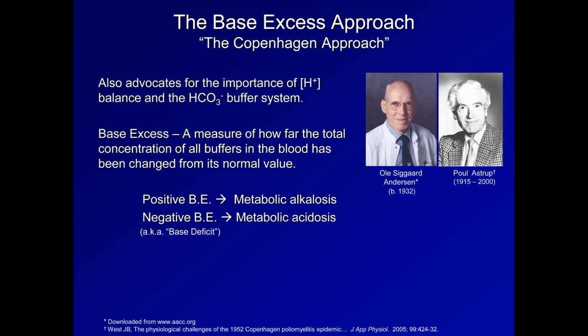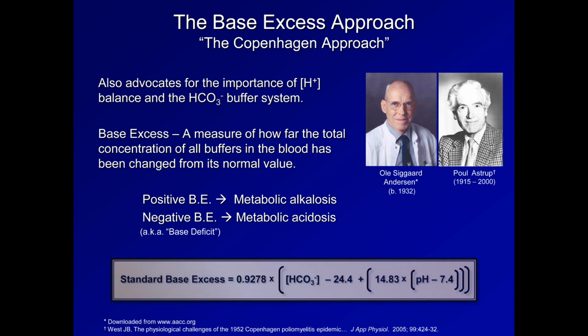Since various protein buffers exist in plasma, but not the extravascular component of the extracellular compartment, base excess may be an inaccurate measure of how much acid was necessary to truly restore the body's pH to normal in vivo. Therefore, an additional value called standard base excess was created to address this concern. Standard base excess corrects this problem by calculating the base excess with a built-in assumption of a hemoglobin concentration of 5 grams per deciliter, which is cited as a value which will give an approximately accurate result in vivo.